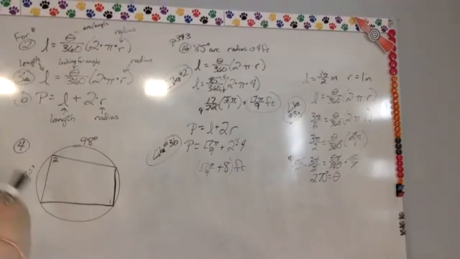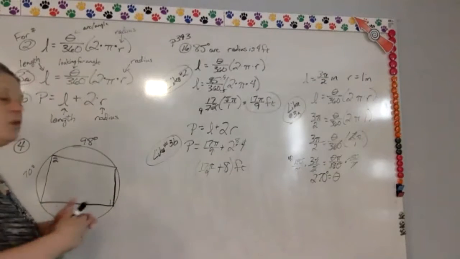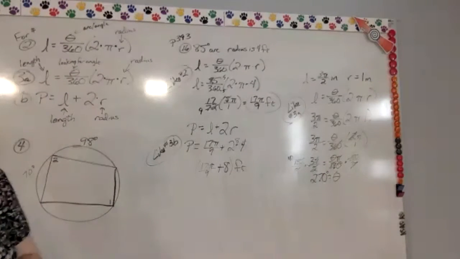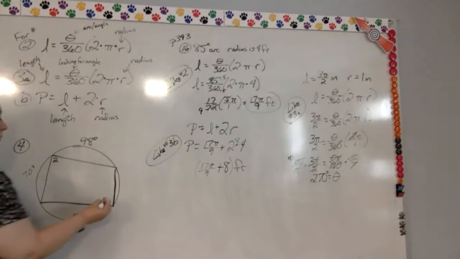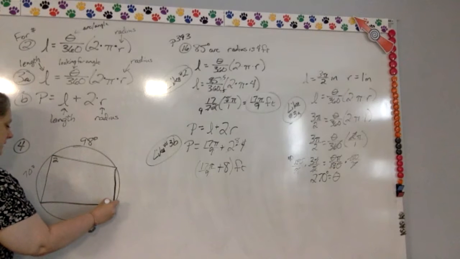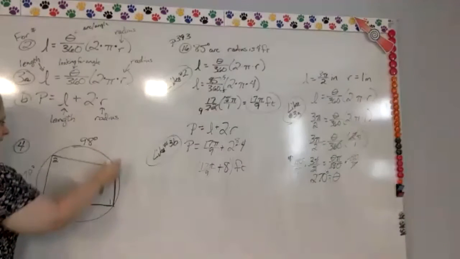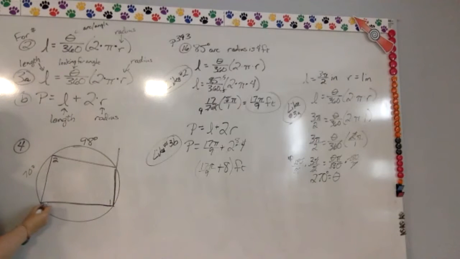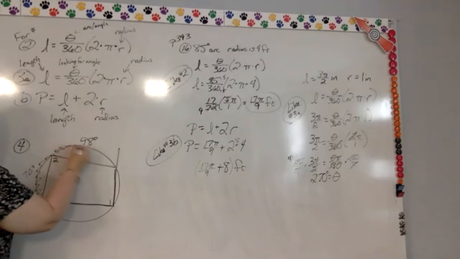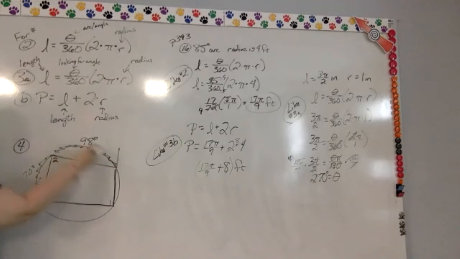Inscribed angles. So if it's an inscribed angle, it's equal to half of the arc that it intercepts. So what I do is I extend the lines of my angle. Here's angle 1. That's the first thing it wanted me to find. So I'm extending that out so I can see what arc it cuts off. So from here all the way around the circle to here is the arc that it intercepts.